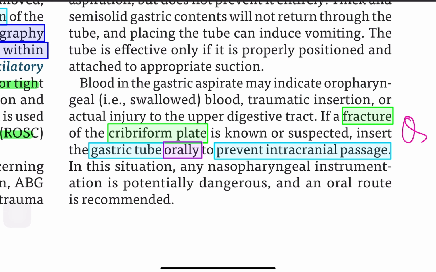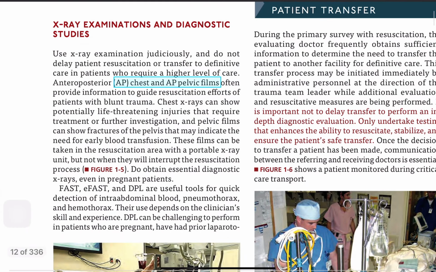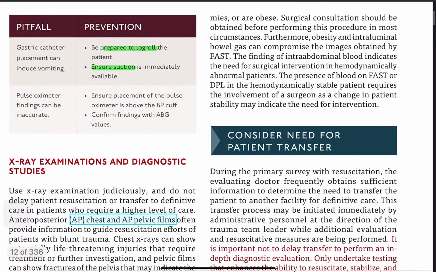Because you have to prevent intracranial passage. If you put it nasally, it may go intracranially. So in cribriform plate fracture, you have to put an orogastric tube. So in trauma, you have to do AP chest and AP pelvis, not PA view. It is AP. Okay.